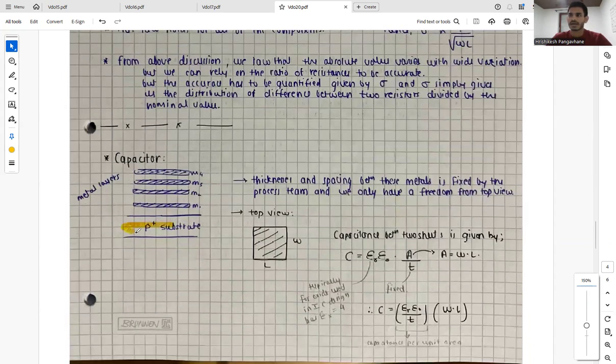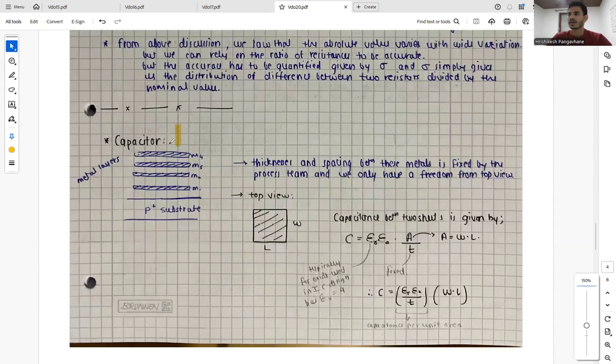So again, we have our P substrate, on which we have different layers of metals, and the thickness and spacing between these metals is fixed by the process team, and we only have the freedom from the top view. So from the top view, this is how we can realize a capacitor with the width and the length, and the capacitance between two sheets is given by C equals epsilon r and epsilon naught.